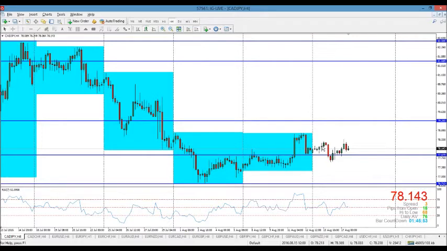We got out with around 25 pips, which wasn't too great. We could maybe have held on much more, but this pair has been very annoying. It's just absolutely doing nothing. It went sideways for a long time. Even now, I can't really see any trade here, so we're going to leave it as it is.